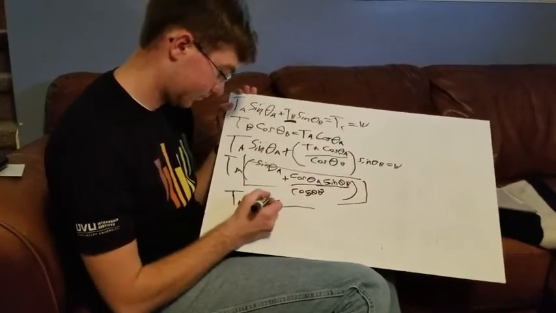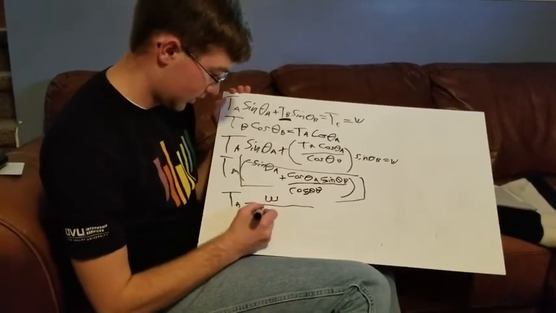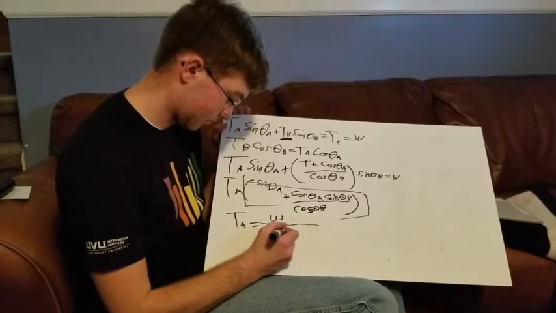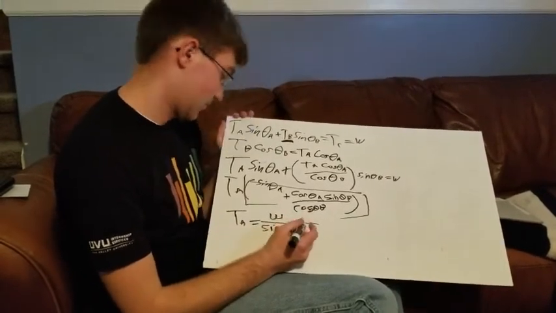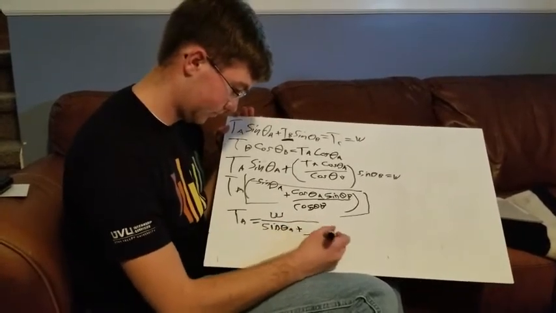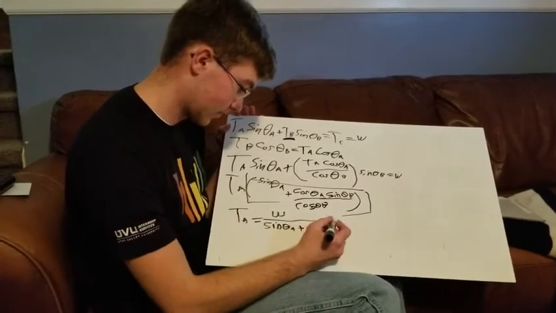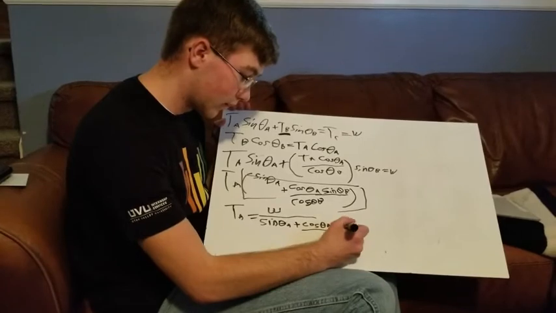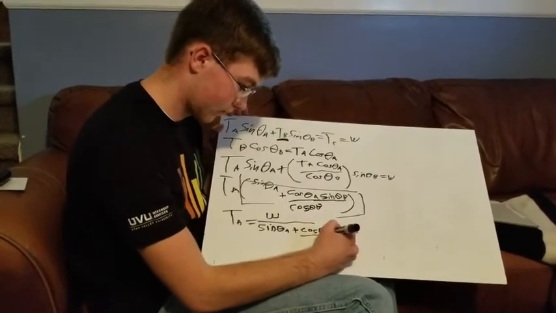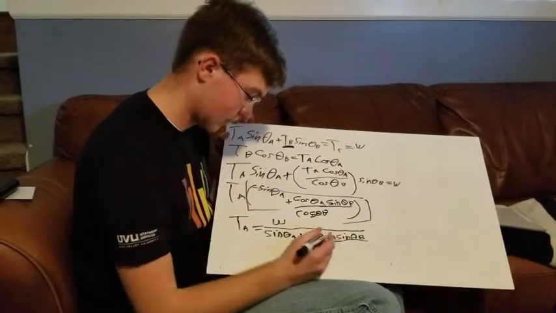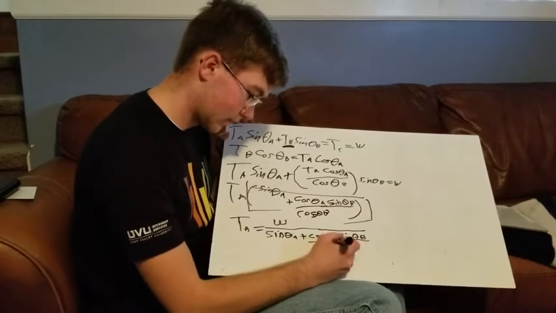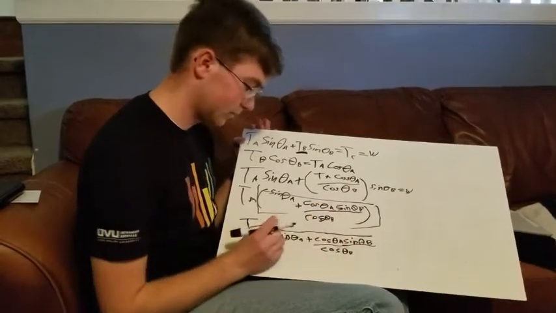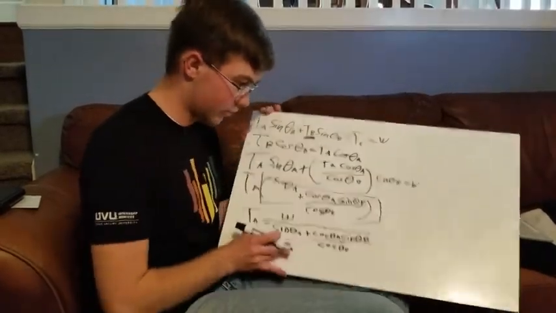So that is the sine of theta A plus cosine of theta A sine of theta B over cosine of theta B. Now I'm going to insert theta, which gives me that.